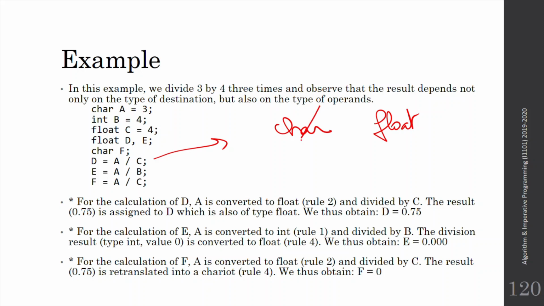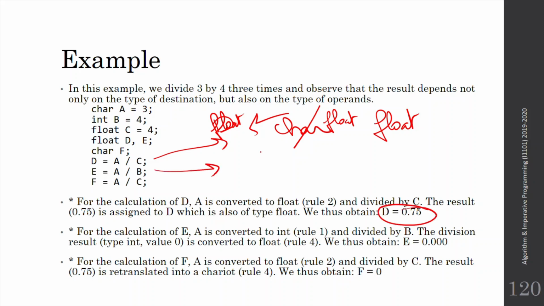So char eventually will be converted to float. Float over float is a float. However, d is a float, so there's nothing lost. So the result is a float and will be stored in a float. So in the example above, d will have a value equal to 0.75.